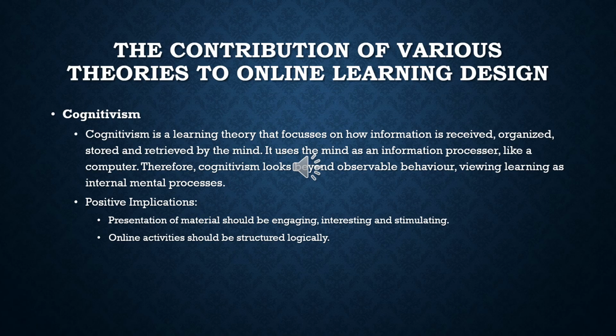The implication for online learning design is that the presentation of material should be engaging, interesting, and stimulating enough to assist the learning process, and it's recommended that the activities should be structured logically.